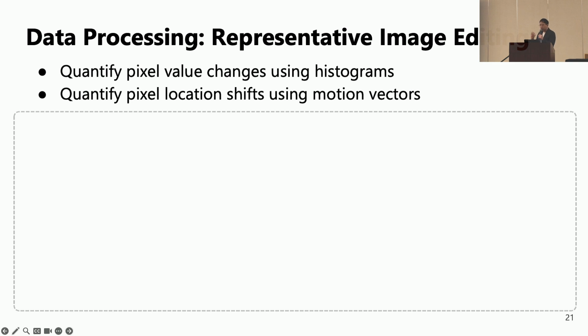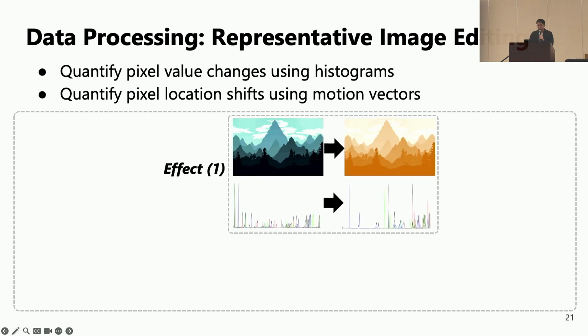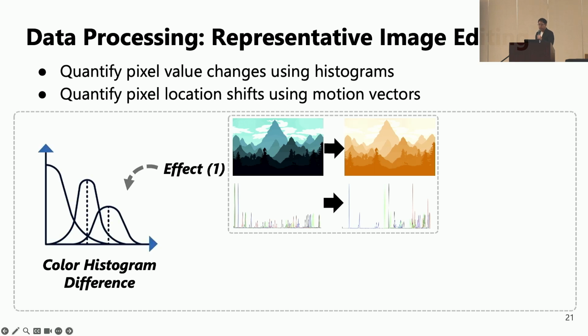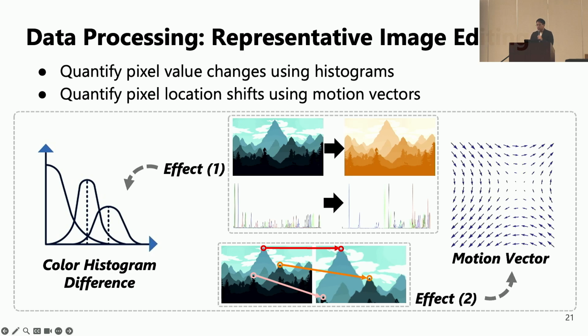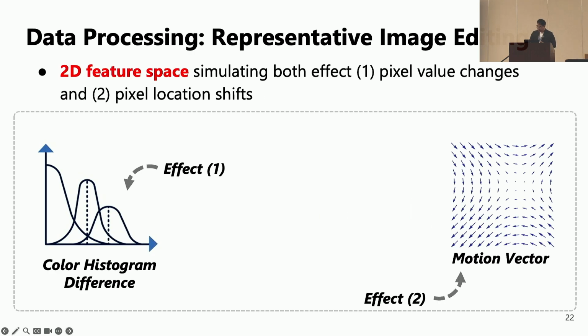We quantify effect 1, pixel value changes, using color histogram differences before and after editing the image. We then quantify effect 2, pixel location shifts, by measuring the motion vector magnitudes. Each pixel location shift forms a motion vector, and we can measure the direction and magnitude of these vectors.